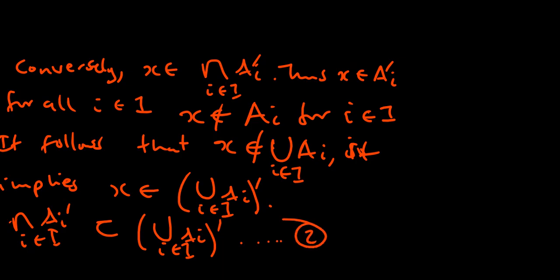So now, combining the two, what we found in 1 and 2, we have that they are subsets of each other, in both ways. When a set is contained in another set, and that other set is contained in the first, these sets are going to be equal.